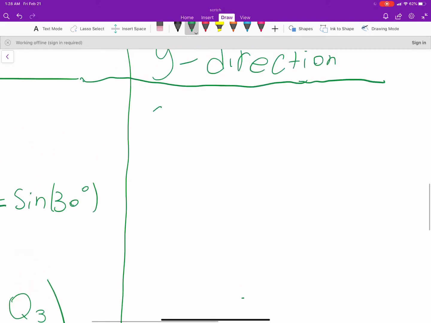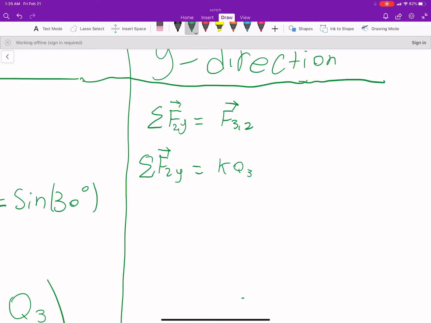Well, the only force in the Y direction onto 2 is the force of 3 onto 2. The force on 2 in the Y direction is going to be K Q3 Q2 divided by the distance squared.